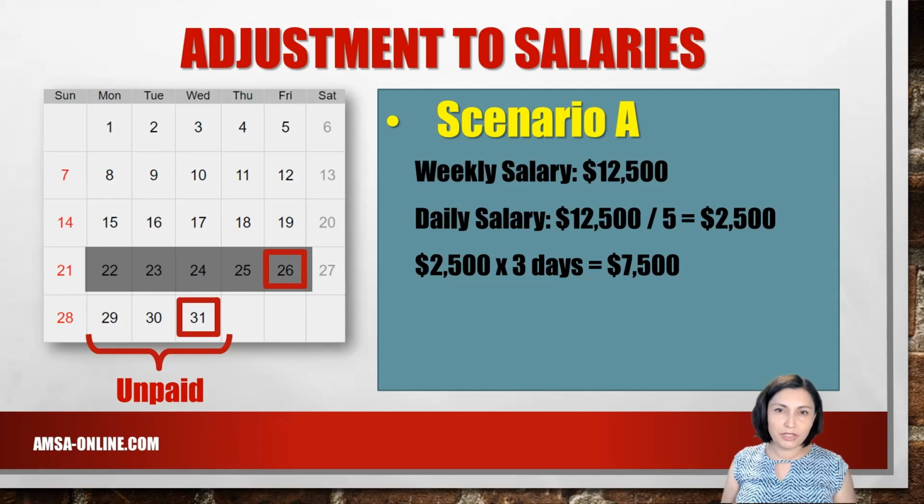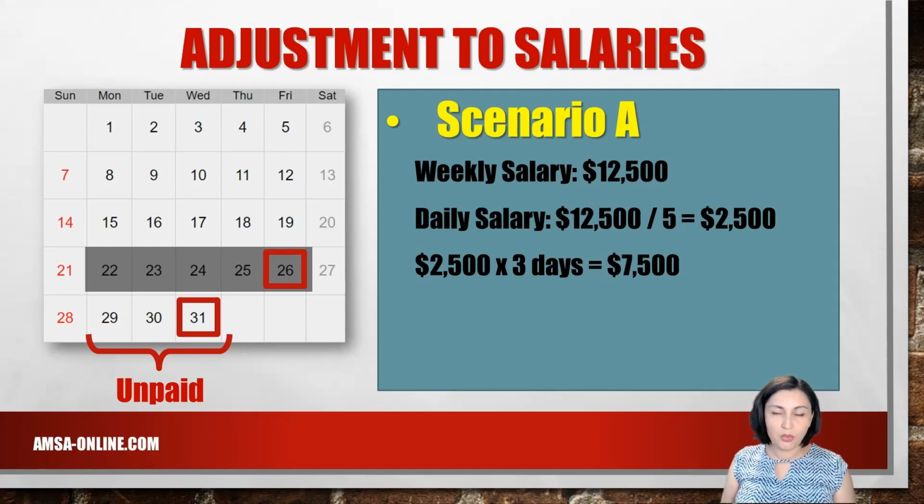The amount of salaries accrued can be calculated by dividing the weekly salaries of $12,500 by the number of working days in a week, which is 5 days. The daily salary rate is $2,500. Next, we multiply the resulting amount of $2,500 by the number of days in the accrued period, which is 3 days.